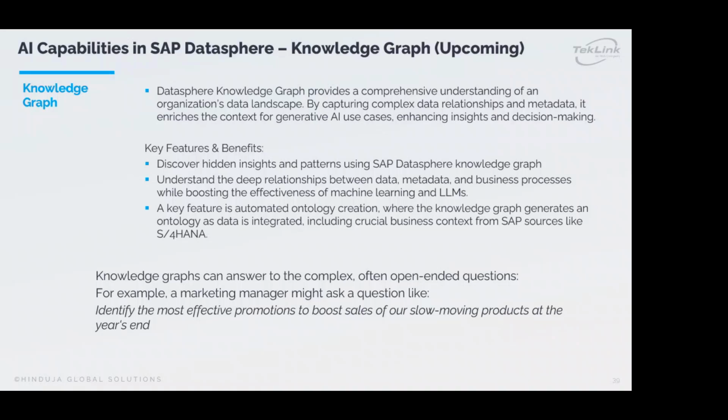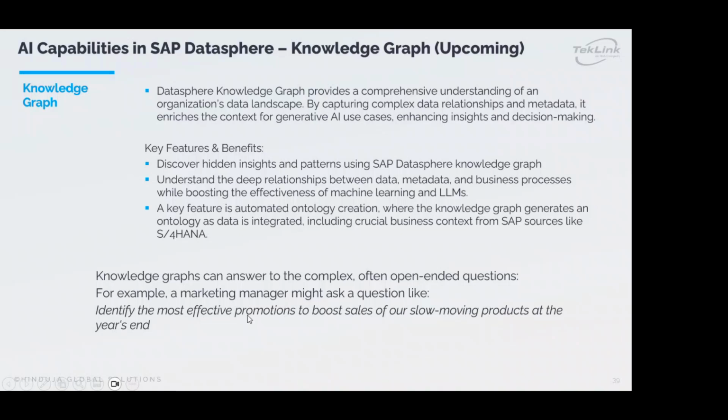In that context, if a user puts a question like, identify the most effective promotions to boost the sales of slow moving products at the year end. It's a business question wherein there are different entities. The promotions will be an entity, the sales is a KPI, the slow moving product is another entity, and so on.